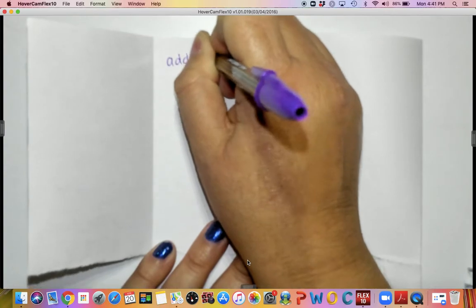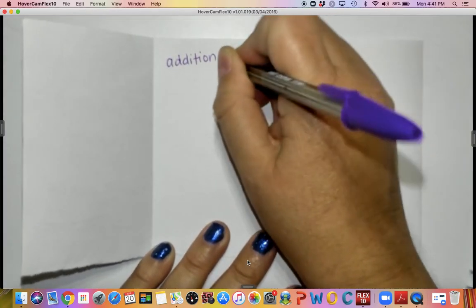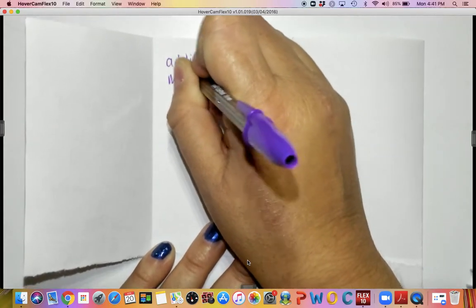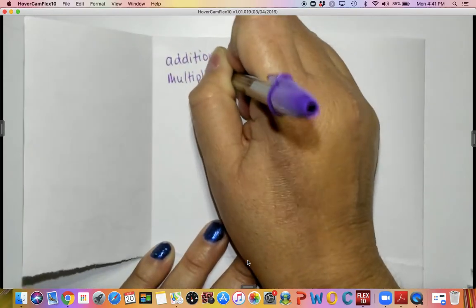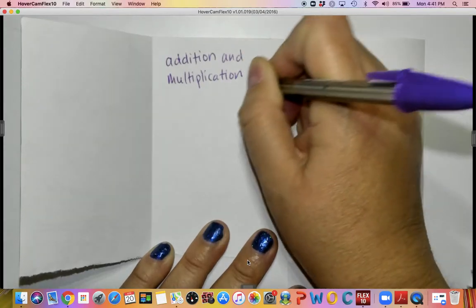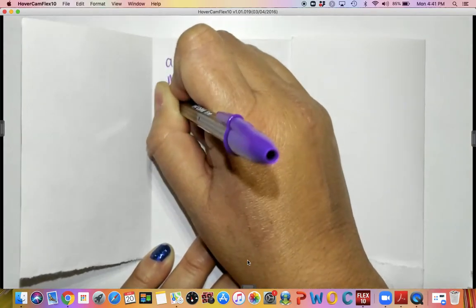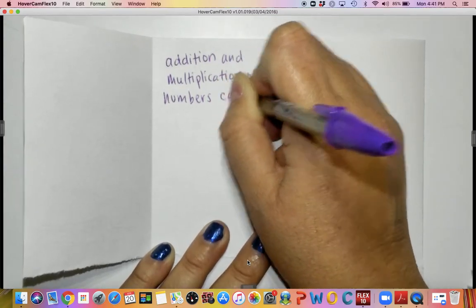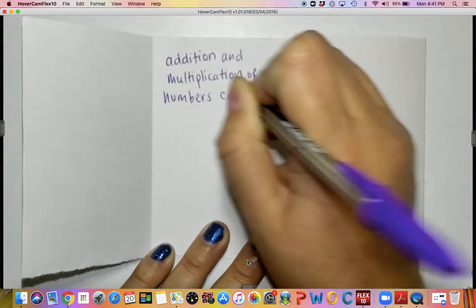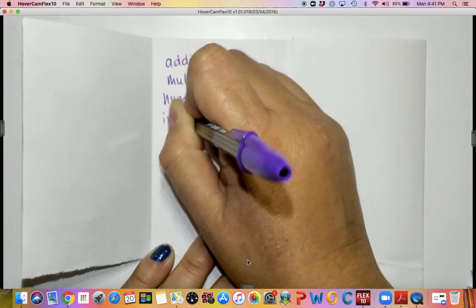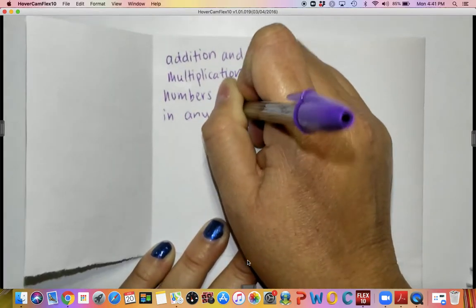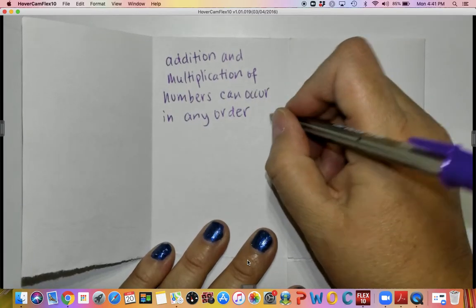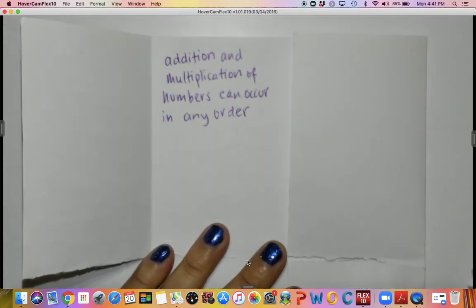Addition and multiplication of numbers can occur in any order. And I bet once I show you my example, you'll know what I'm talking about.